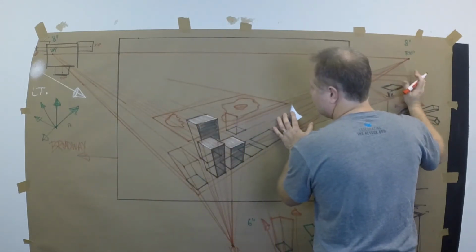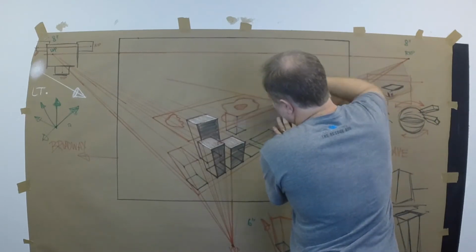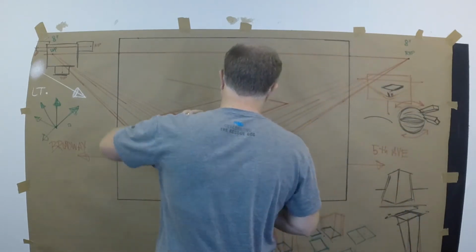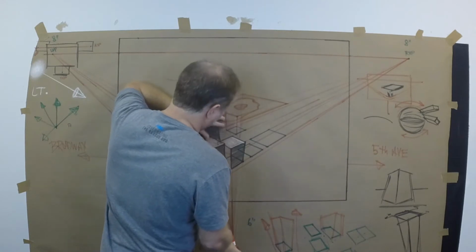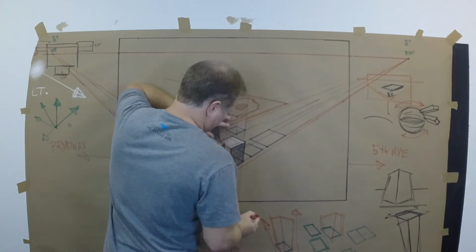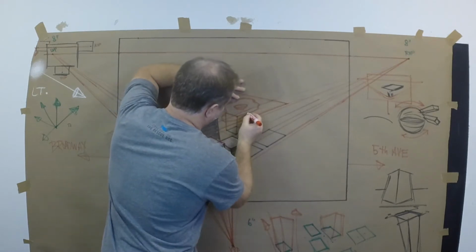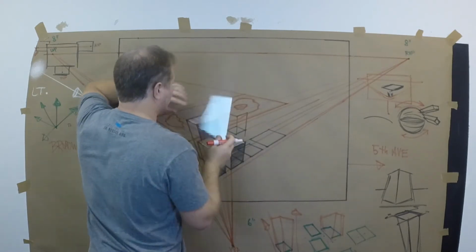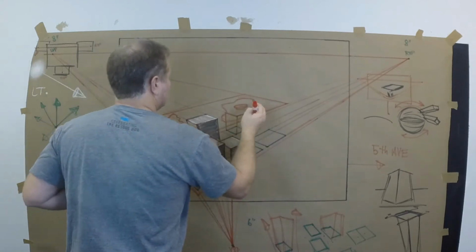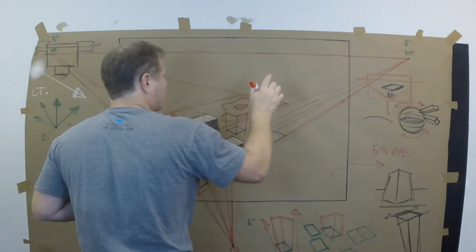You can always stop the video, draw, and then restart it as per your needs. It's a great thing about video lectures is that you can stop as to your needs. So, from the vertical vanishing point through this point up, there's the right side of my building. And now to finish this building out, I go from the right back corner to the left, and from the left back corner to the right.